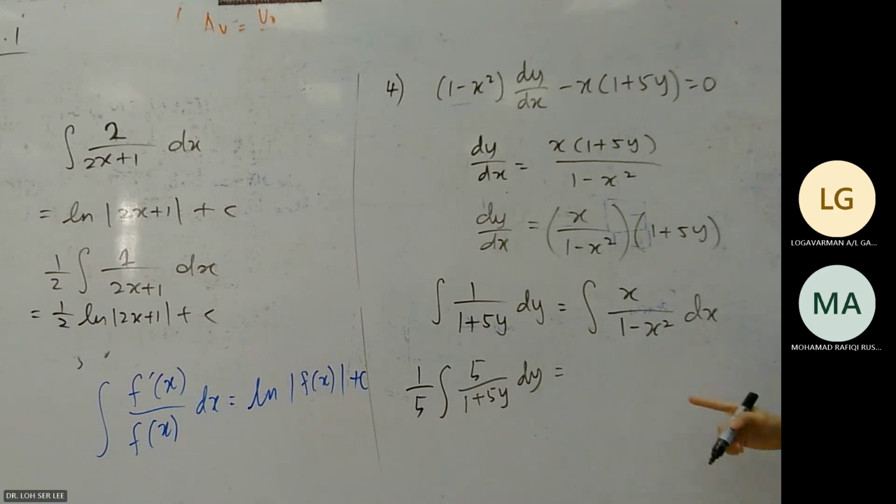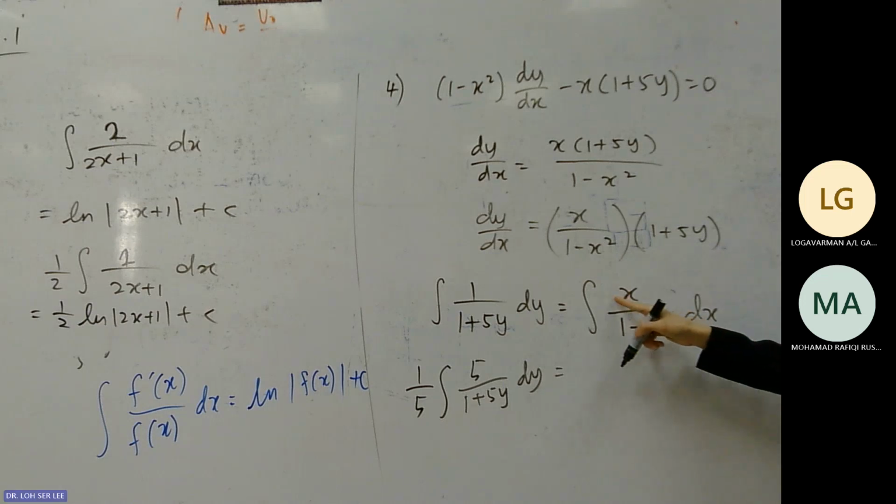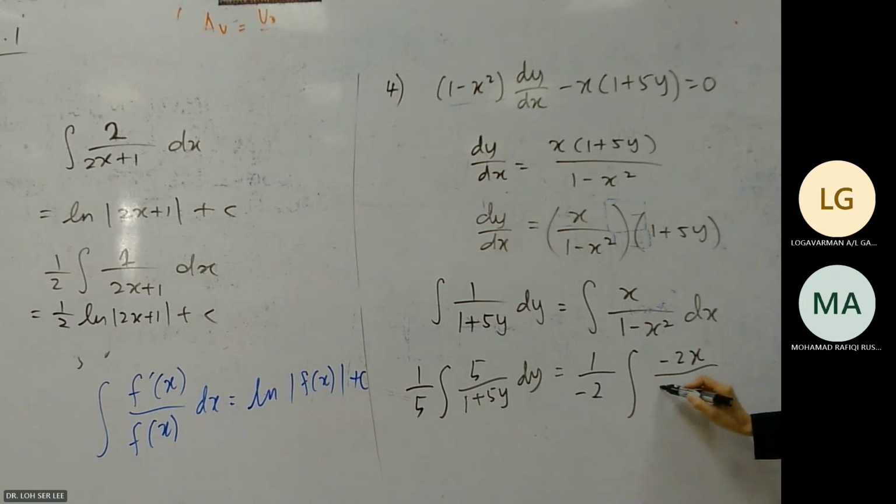Okay, this one. When you differentiate 1 minus x squared, what do you get? Negative 2x. We need the negative 2, so we multiply by negative 2 inside and divide by negative 2 outside.